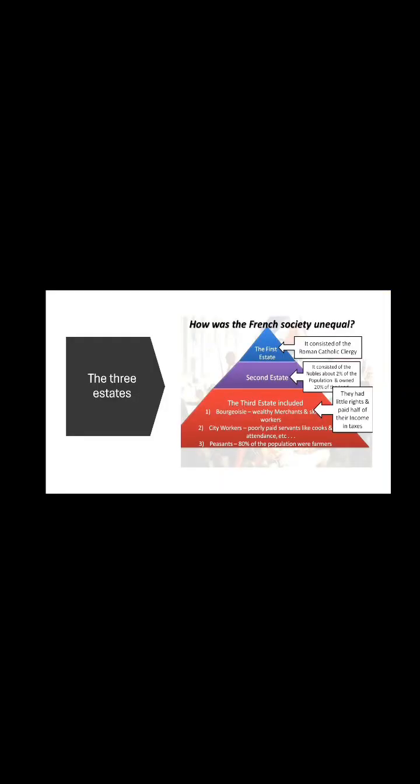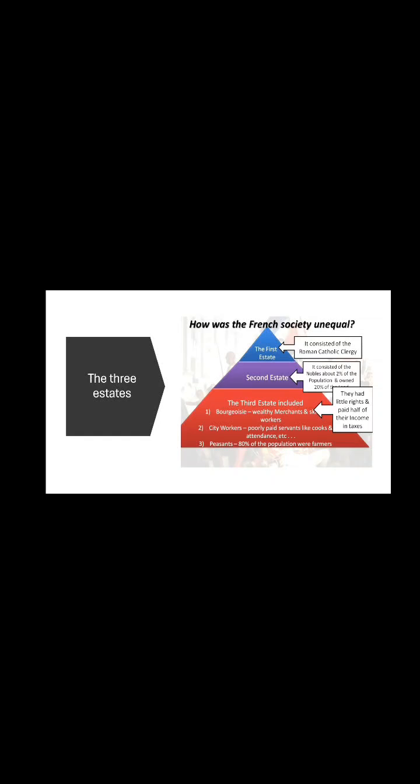The Three Estates. French society was divided into three social classes called the estates. The first estate included the clergy, so it included pastors, cardinals, popes, anyone related to the Catholic Church of France.